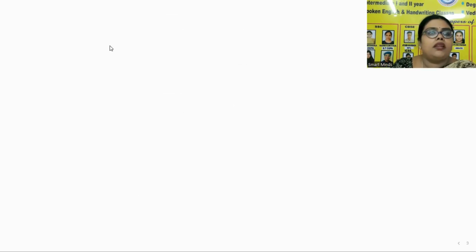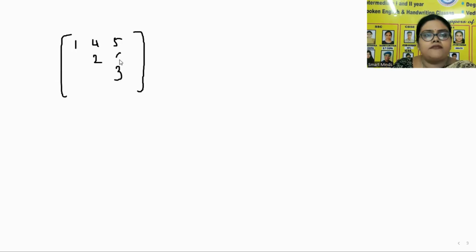Now, if you have 1, 2, 3, 4, 5, 6, 7, 8, 9, this is a 3 by 3 matrix. First element of the first row, second element of the second row, third element of the third row, this makes a principal diagonal.